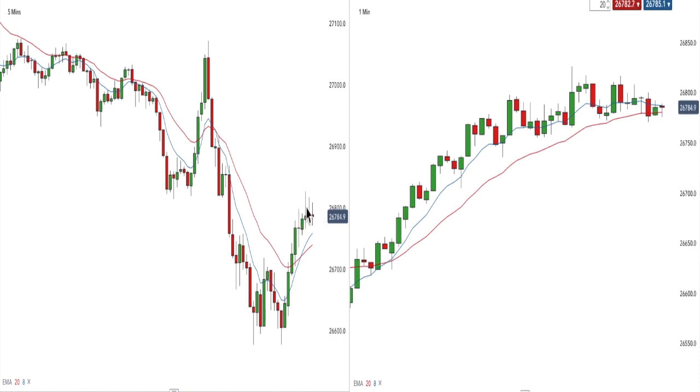You can see the tails on these candlesticks, the wicks are large, which means there's been rejection here, rejection here, rejection here, and often when that's the case, people take the hint and they stop buying for a while.